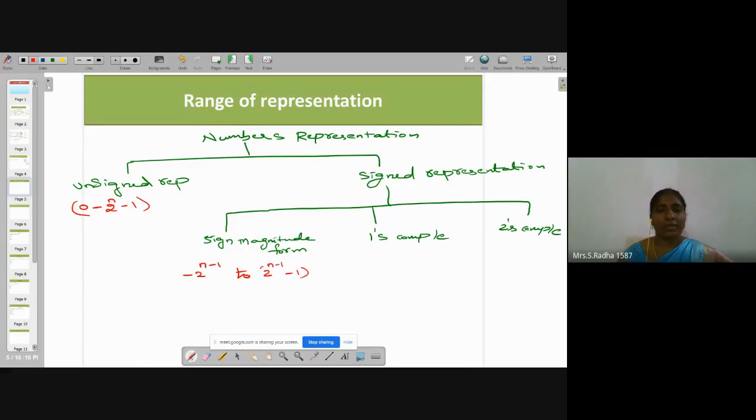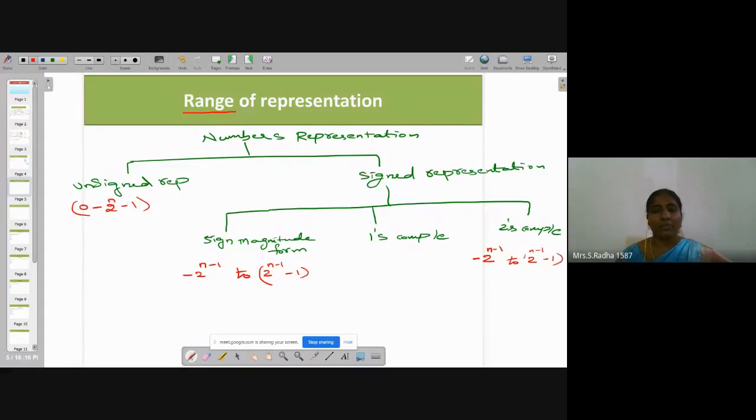This is the range of representation that can be done in signed magnitude form. Twos complement form is also minus 2^(n-1) to plus 2^(n-1) minus 1.